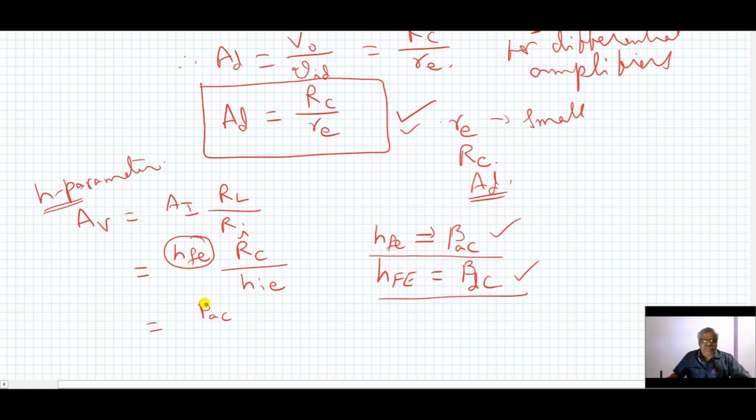So we can write the gain as beta AC into RC by HIE. HIE we can write in terms of the RE model as beta AC into RE. If I write that here, beta AC into RE, then beta AC will cancel out. The gain will be equal to RC by RE.